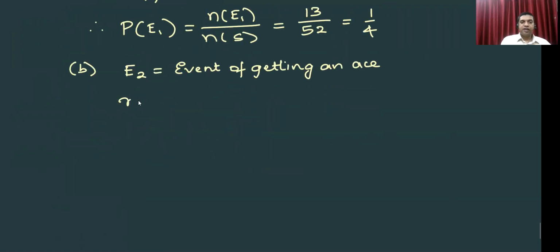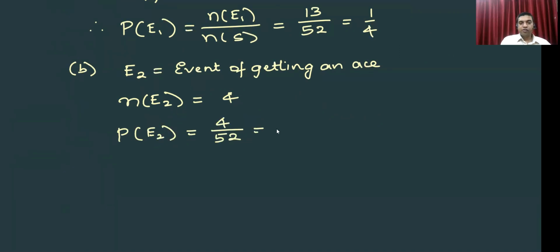So n of E2 is 4. Now, the probability of E2 is 4 upon 52, which is 1 upon 13.